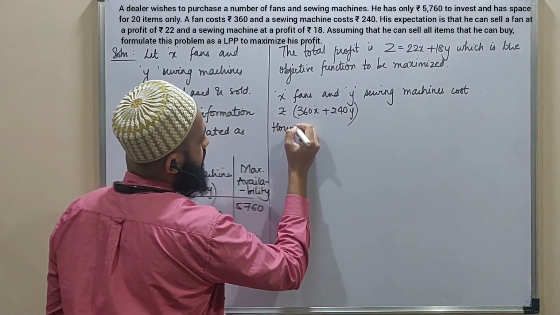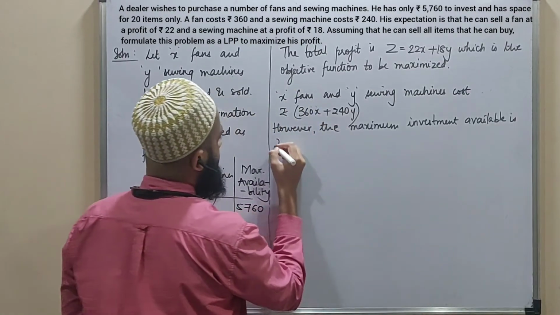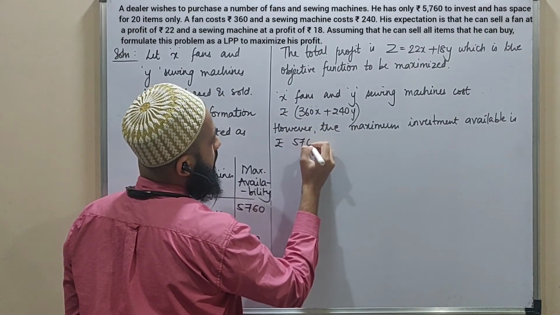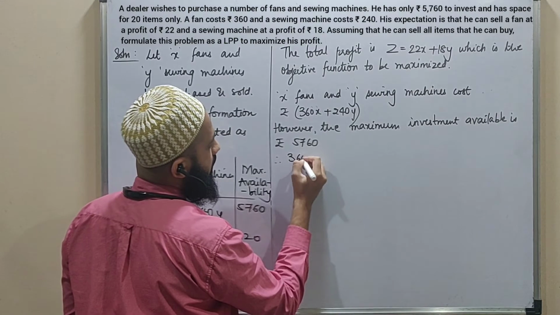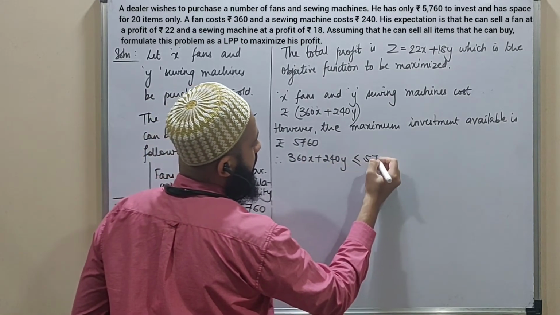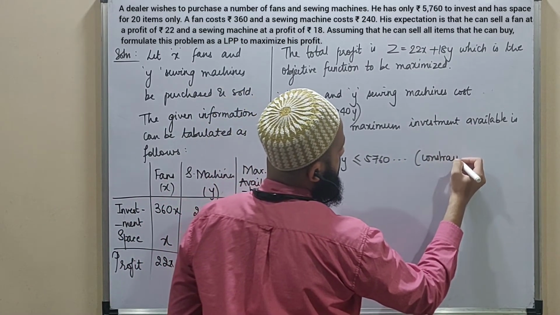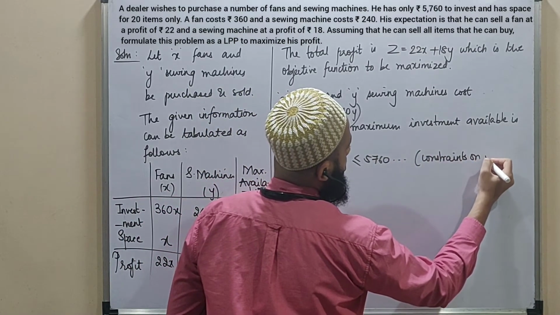However, the maximum investment is rupees 5760, and therefore you get 360x plus 240y less than equal to 5760, which you call the constraint on investment.